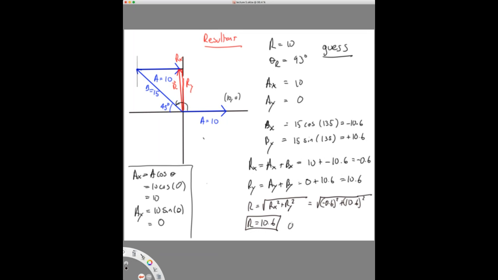And the angle would be just the inverse tangent of my y piece, and that's for the vector R, so that's 10.6 over negative 0.6. Make that a little neater.